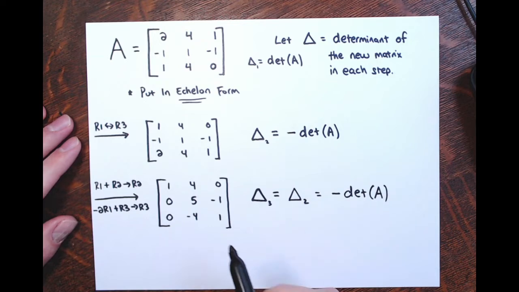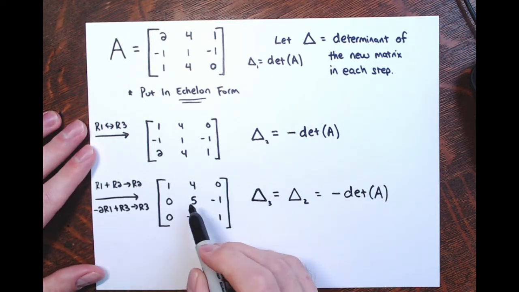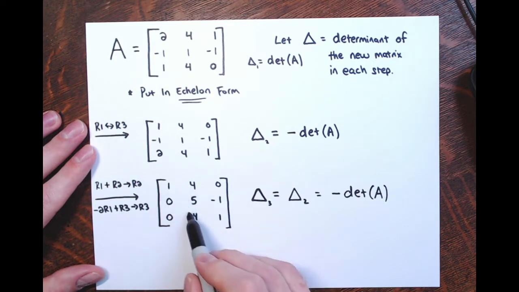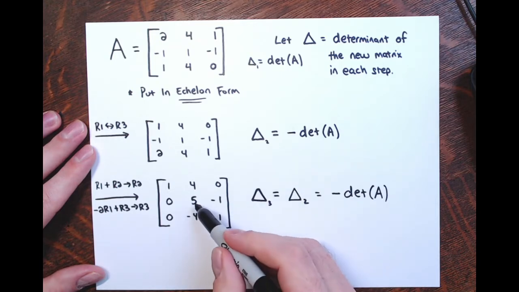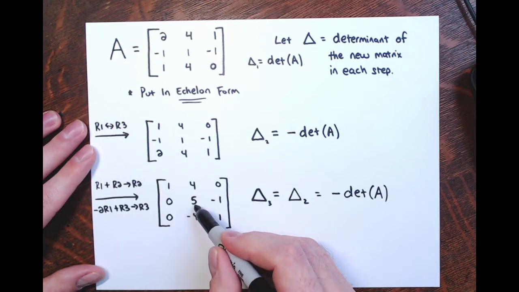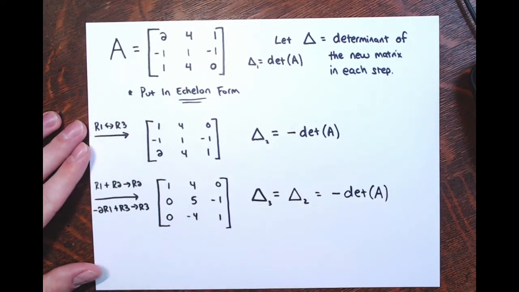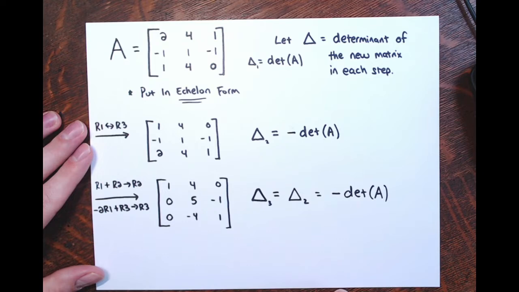All right, and then I really only have to do one more thing. Now, I know I said I like having pivots of 1, but in order to make this echelon form, in order to have this be upper triangular, the only thing left to do would be to make this -4 into a 0. So I'm going to do one more step here where I take a multiple of one row and add it to another row.